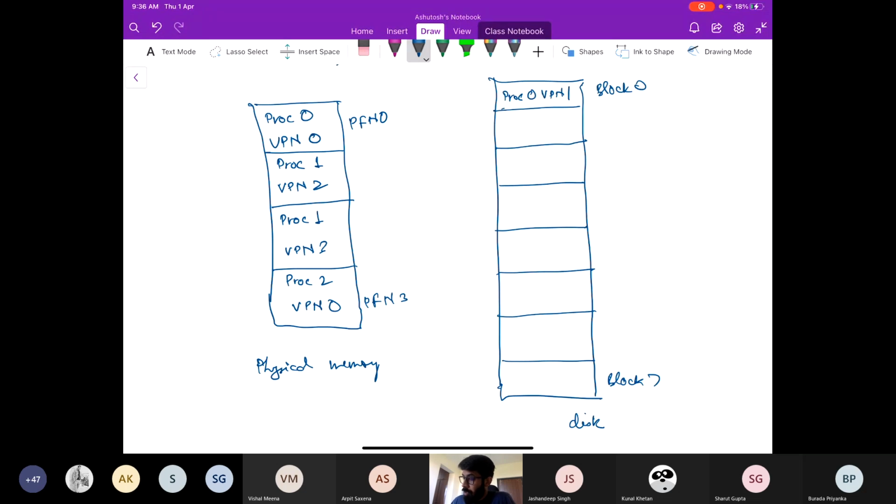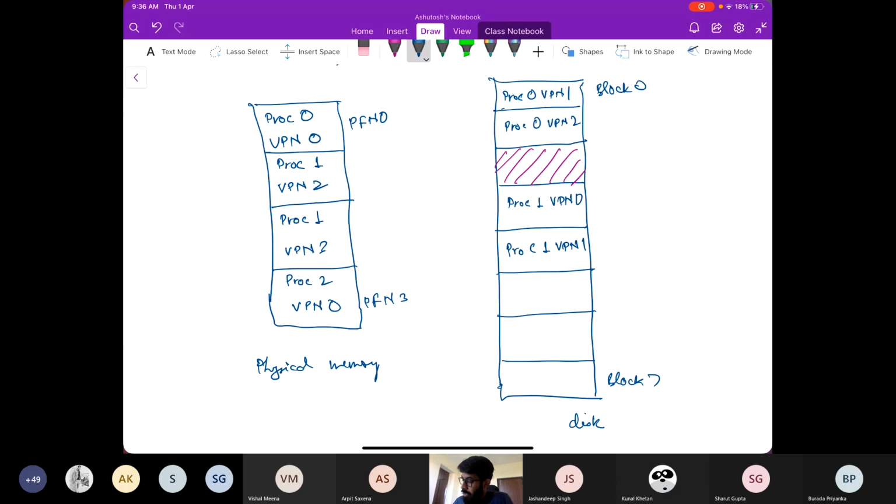So VPN 1 is not in the physical memory. Process 0, VPN 2. Suppose this one is free. Then you have process 1, VPN 0. Process 1, VPN 1.